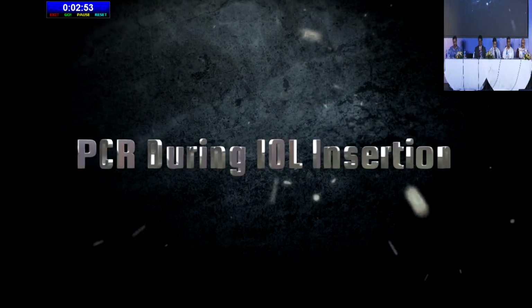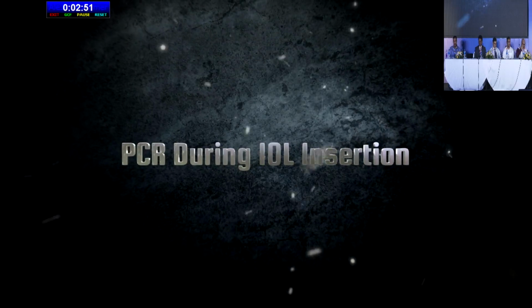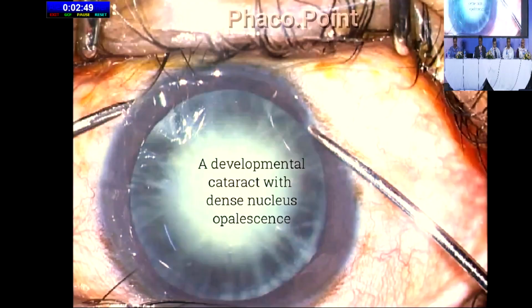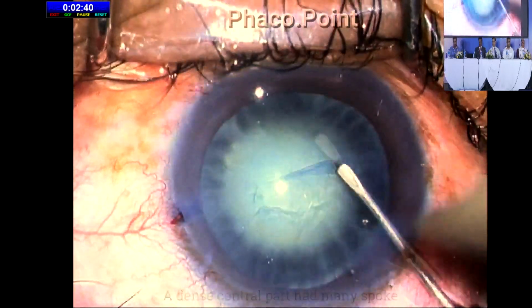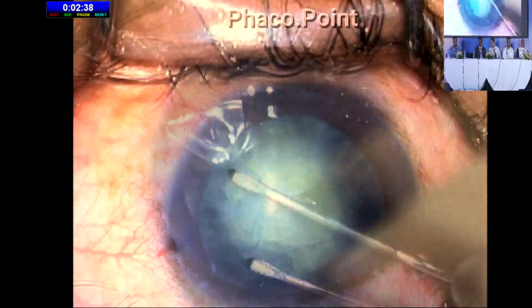In the following case, we will see the occurrence of a PCR during IOL insertion. This patient presented to us with a developmental cataract with a significantly dense nucleus sclerosis. The initial steps of the capsular rhexis and hydrodissection were uneventful.